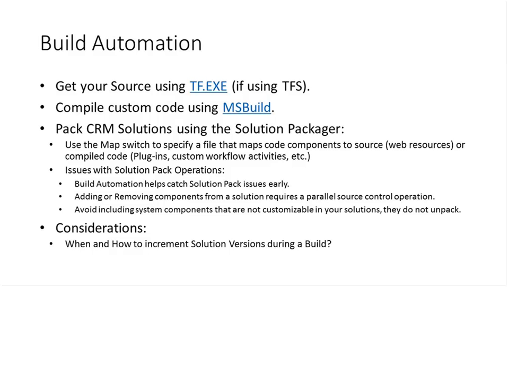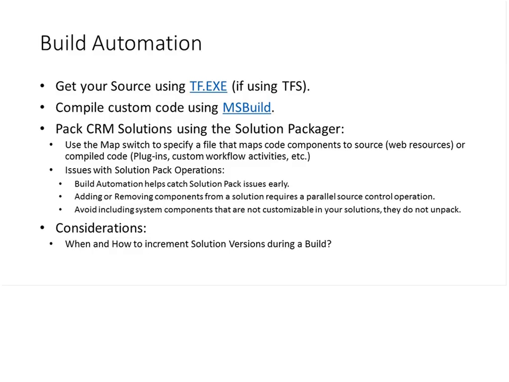Another consideration during build, where some automation is possible: at the end of your build process, how do you increment the version of the solution to reflect that this is a new build and it has a different build version? Typically you can update that solution XML file that I spoke about earlier.